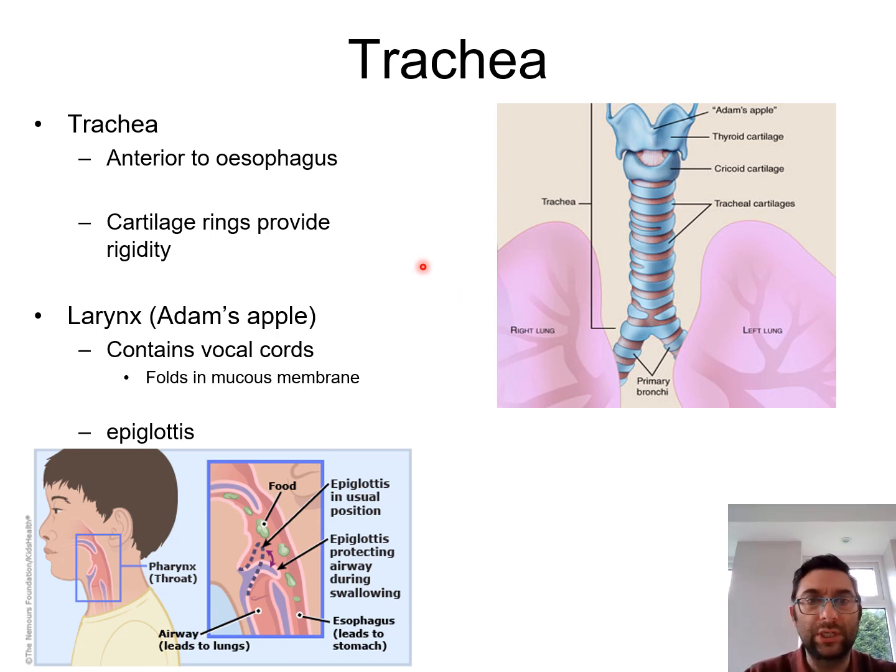it also houses the larynx, or more commonly known as the Adam's apple, and the Adam's apple contains the vocal cords. So the vocal cords are made up of folds in the mucous membrane, sometimes referred to as twin inward foldings, or more technically known as invaginations.